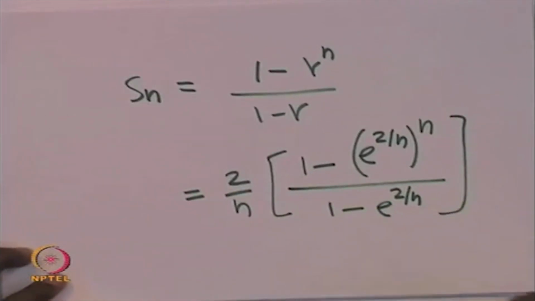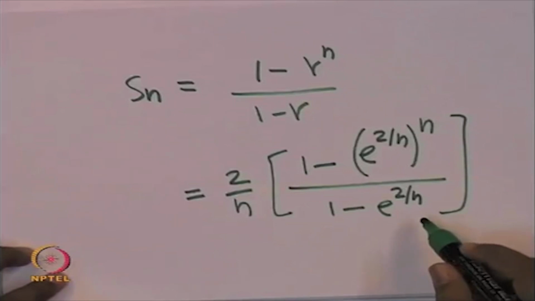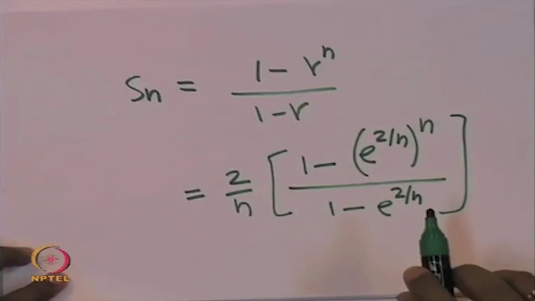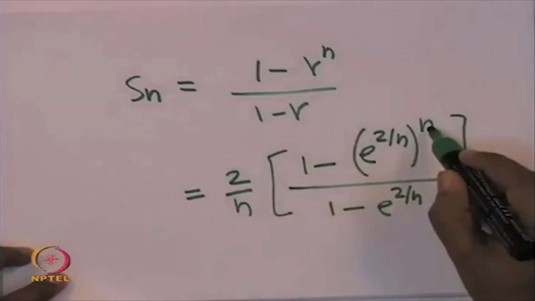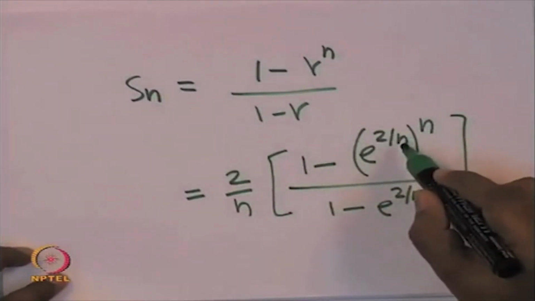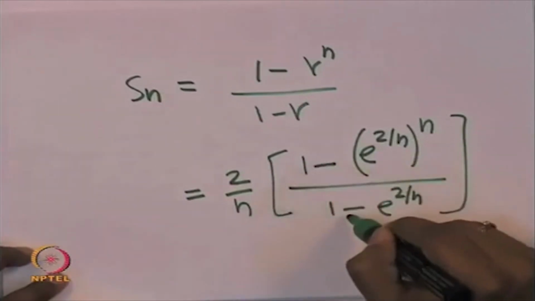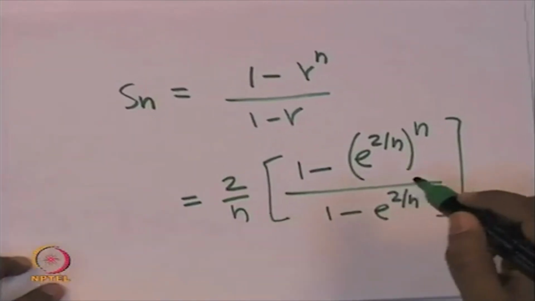This is the theorem we stated: the integral is nothing but the sum in the limit n going to infinity. Here, e power 2 by n whole power n is nothing but e square.